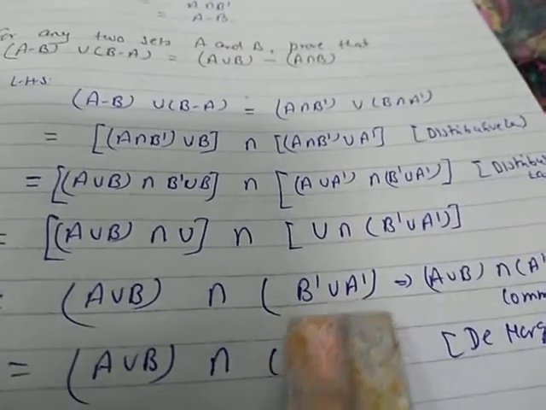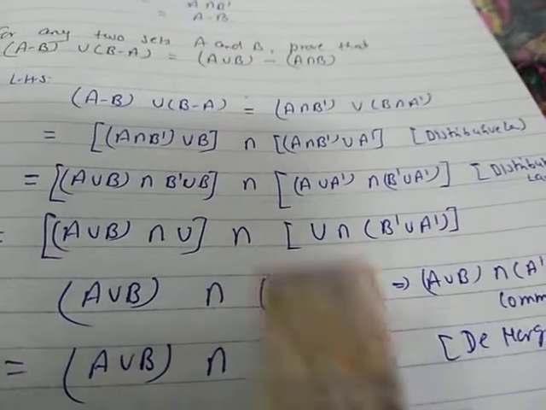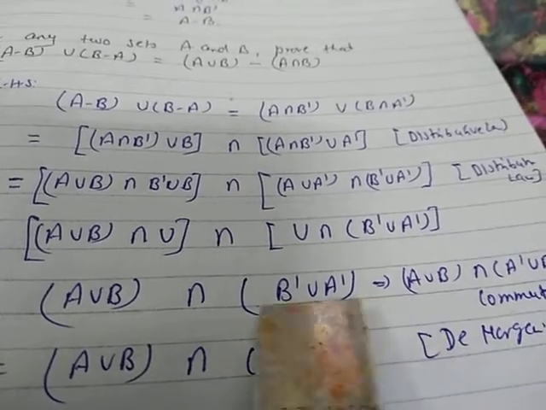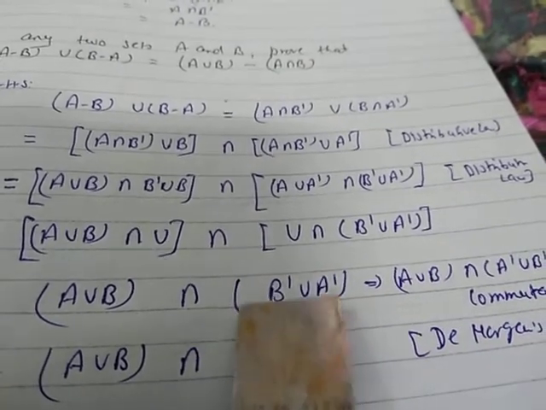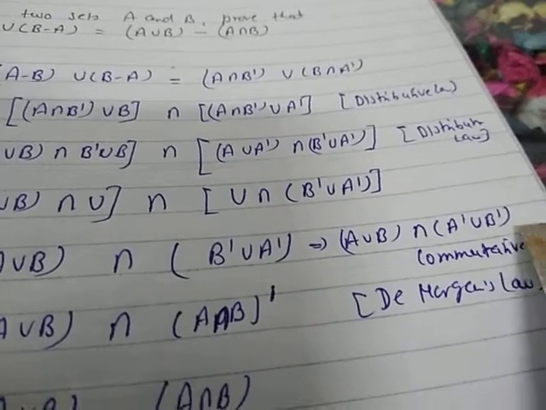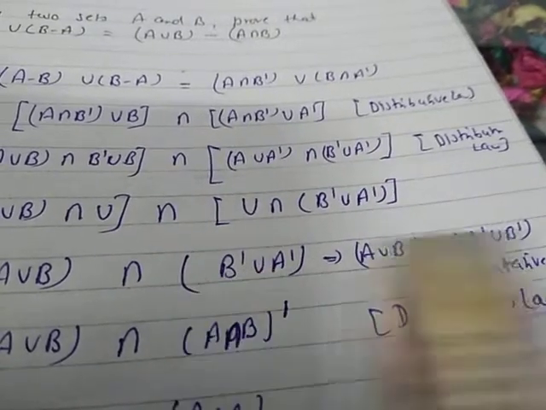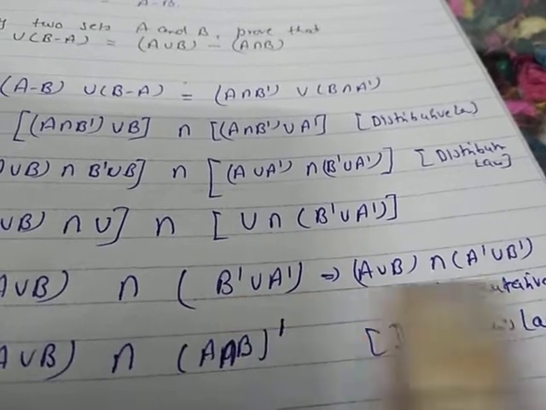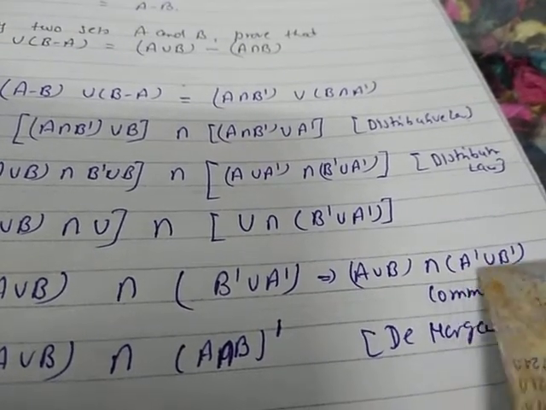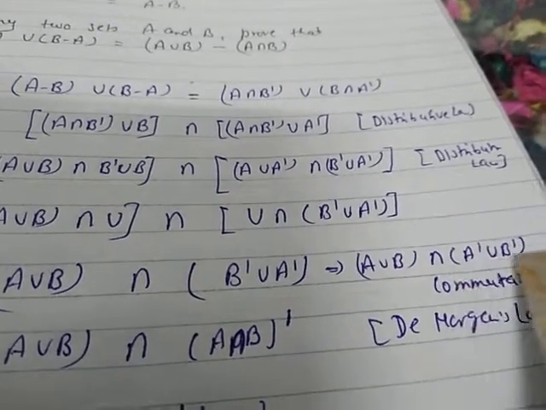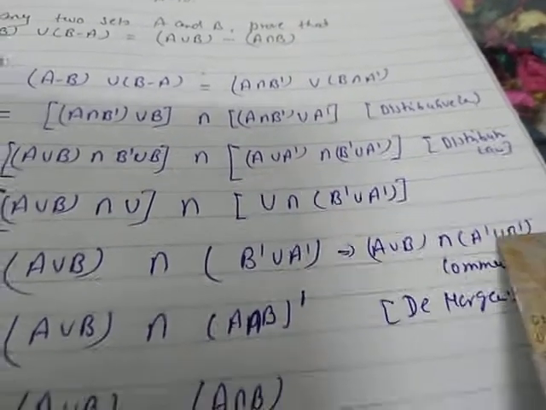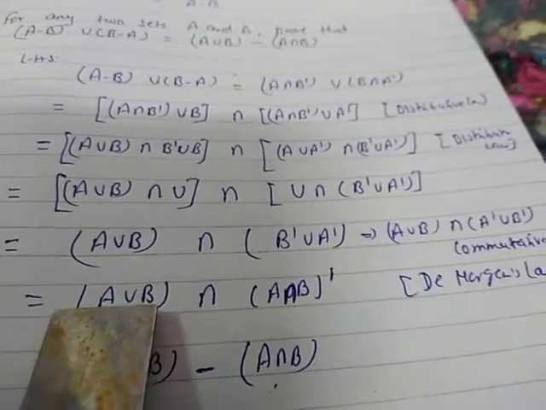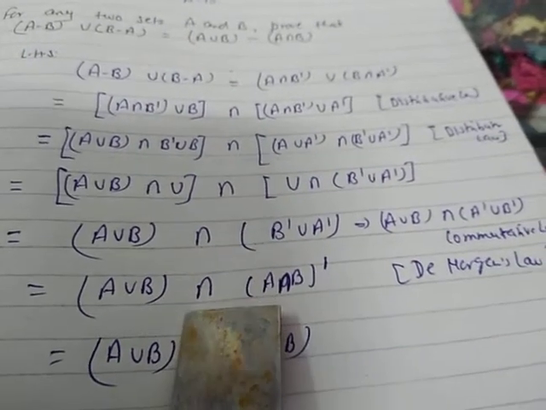it is written here. Now A union B intersection B complement union A complement can be written as A intersection B complement. Here first of all, commutative law is A union B is equal to B union A, so that part is written here. This part is as per De Morgan's law, it is A intersection B complement, and A union B is as it is with intersection sign.